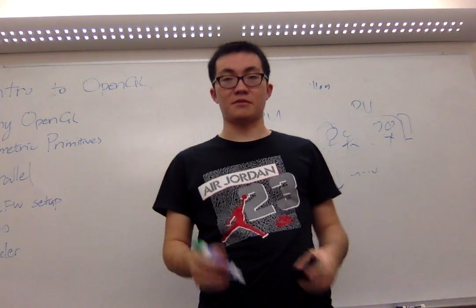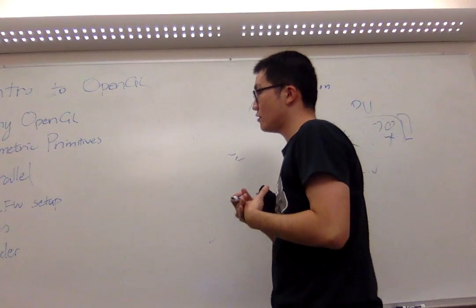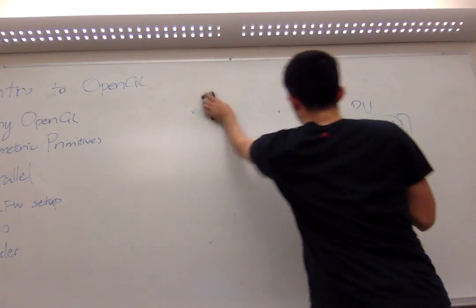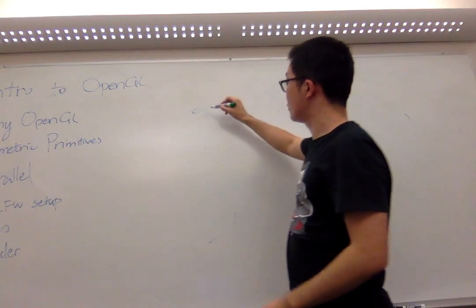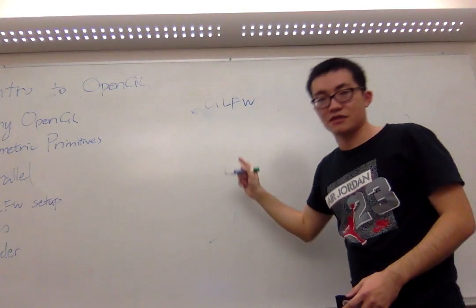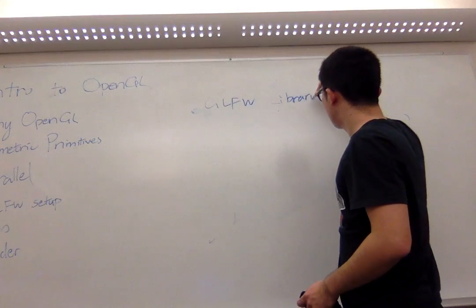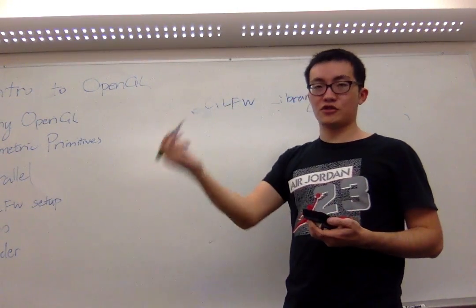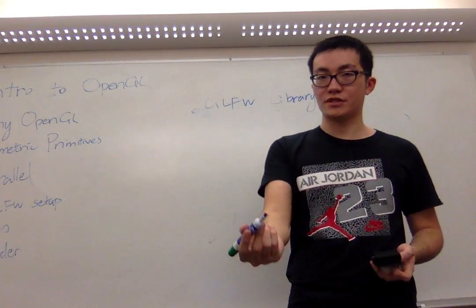So next, I'm going to talk about the OpenGL setup. In our class, we are going to use GLFW, which is a library that contains the actual OpenGL functions you want to use.